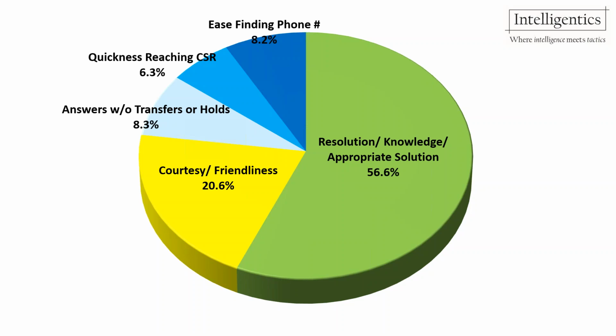So two things to bring out of this pie chart. #1, as you are weighting your quality assessment behaviors, all of the things that really relate to that customer's perception of, was the CSR knowledgeable? Did I get resolution? Did they give me the appropriate solution? If that is really what that behavior is driving, like the correctness of the answer or the confidence with which the agent provided the answer, those things are going to impact that big green piece.